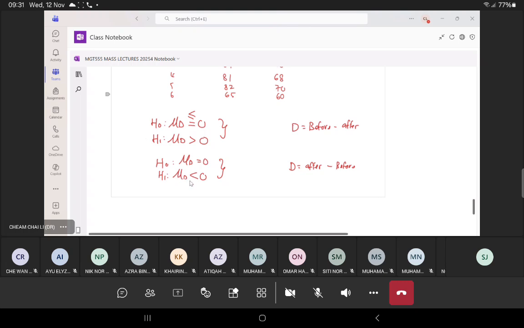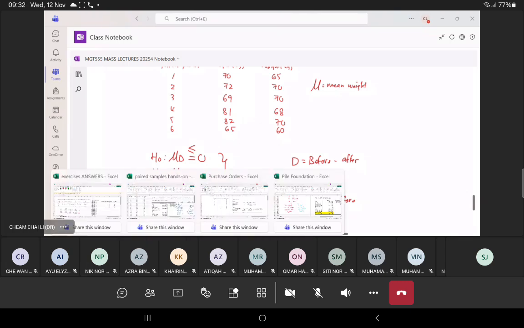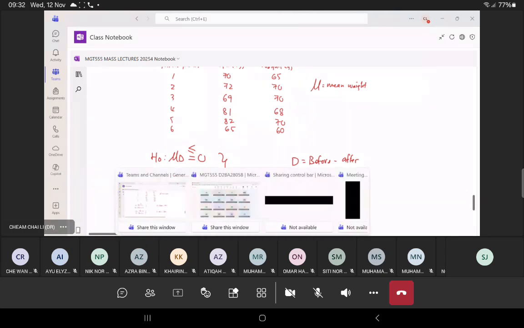Ya, Idea guna alternatif kedua. So, dua-dua akan keluar jawapan yang sama. Your decision akan sama. Yang beza adalah in your t-test, ya. Ada satu yang ada negatif dan satu lagi yang positif. Itu saja beza dia. Ya. Yeah, any questions?